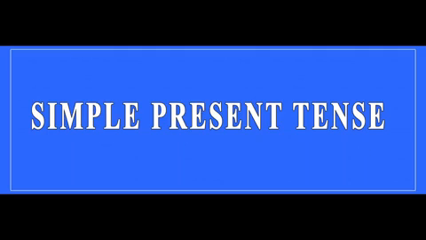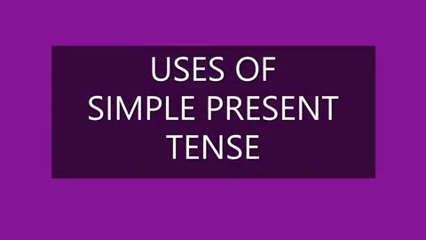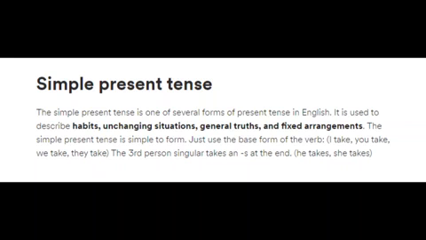Now we are going to see the uses of simple present tense. Pay attention and understand properly the uses. The simple present tense is one of several forms of present tense in English. It is used to describe habits, unchanging situations, general truths, and fixed arrangements.